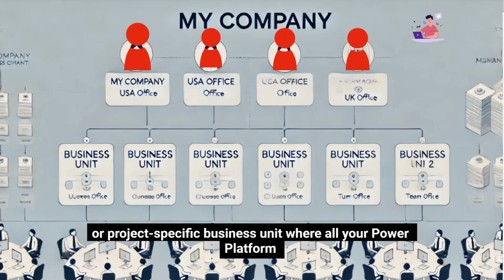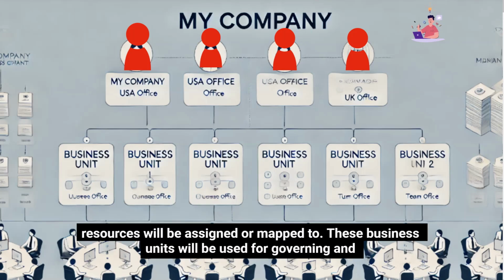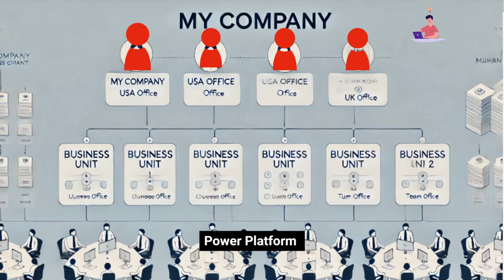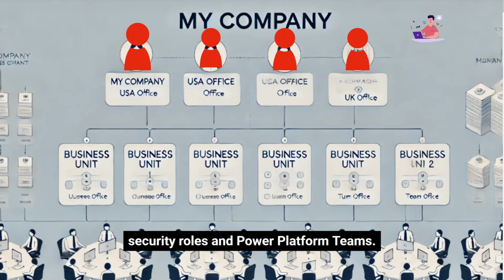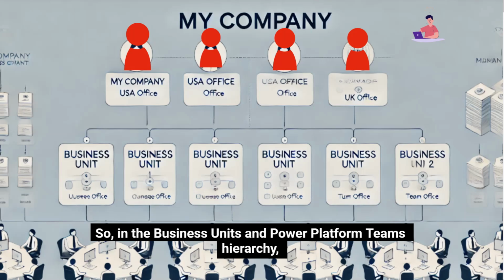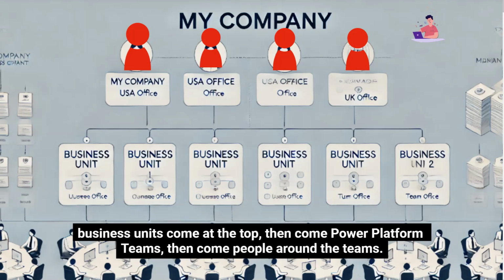In a more organized and focused way, we need to create country-specific and department-specific business units. Resources will be assigned or mapped to these business units, which will be used for governing, auditing, or project-specific purposes in your Power Platform environments. And also, these business units will be the input for your Power Platform security roles and Power Platform teams.